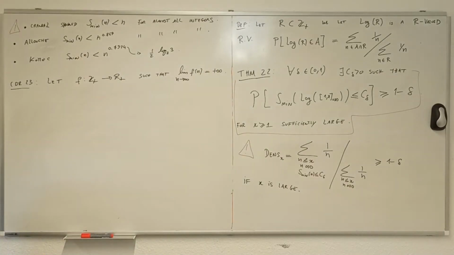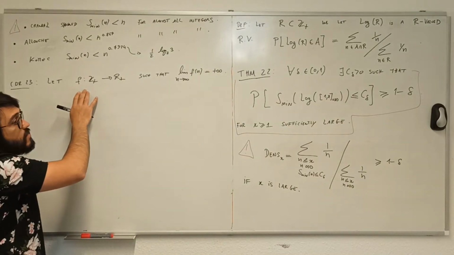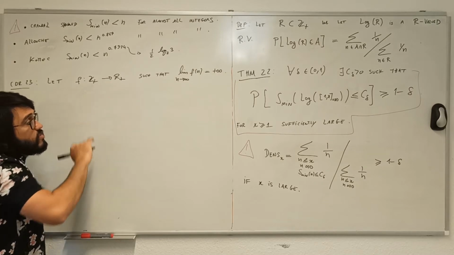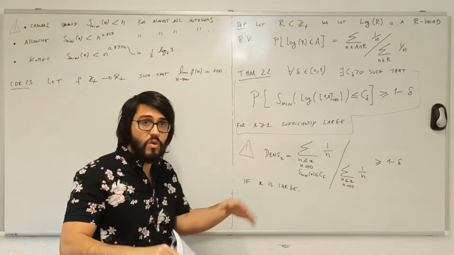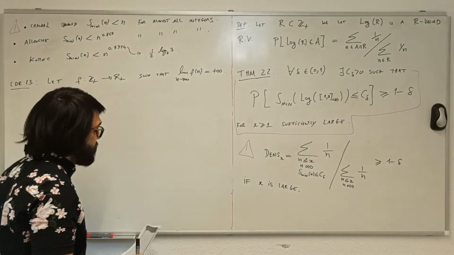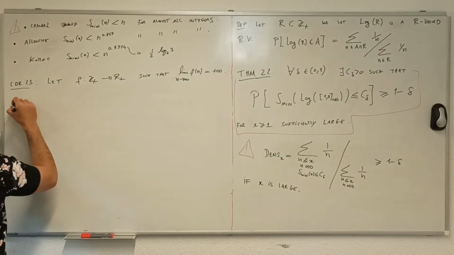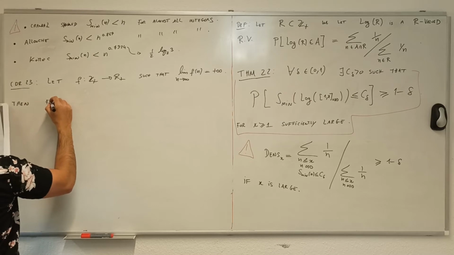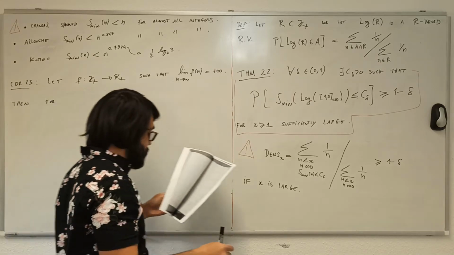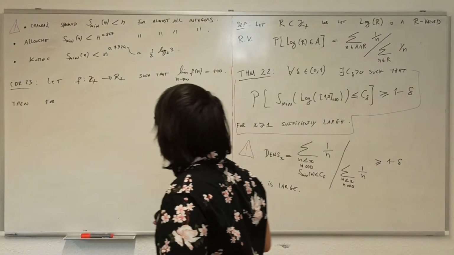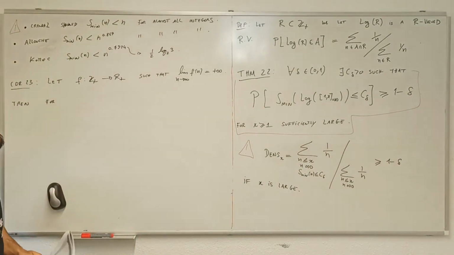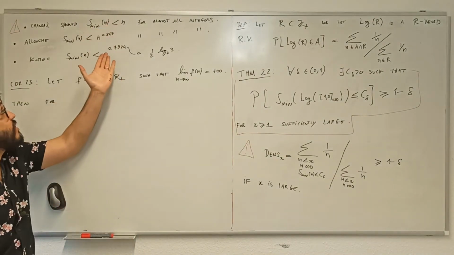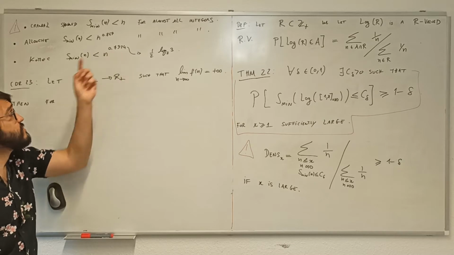Okay, so a function from the integers to the real line that goes to infinity when n becomes larger. So one thing you could do is you could try to improve these results as before, trying to reduce its exponent.